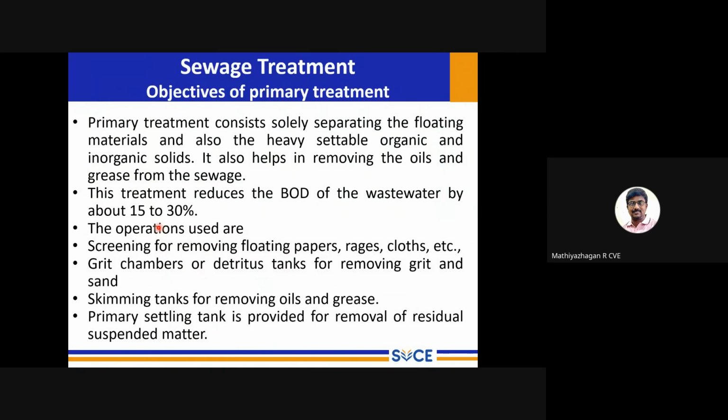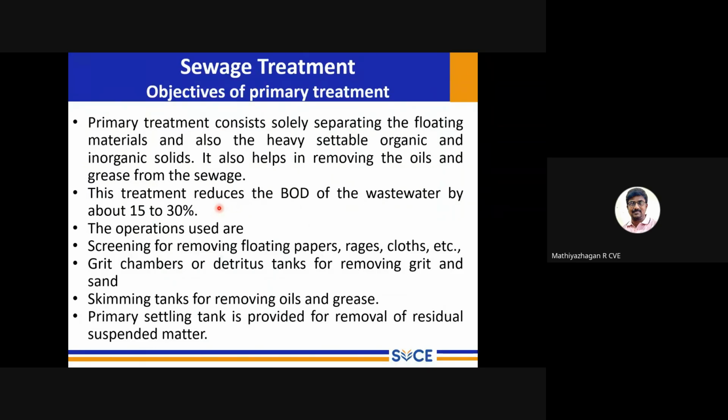The objective of the primary treatment is to remove the heavily settleable organic and inorganic solids. Here we are removing the settleable organic also. Therefore, around 15 to 30% of the BOD gets removed during the primary treatment.